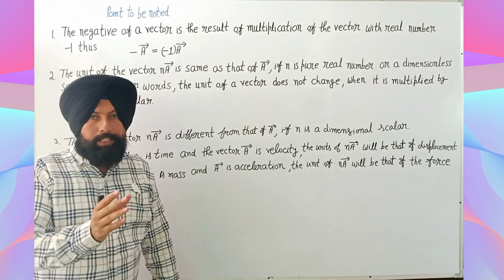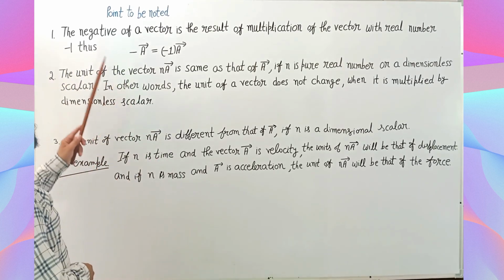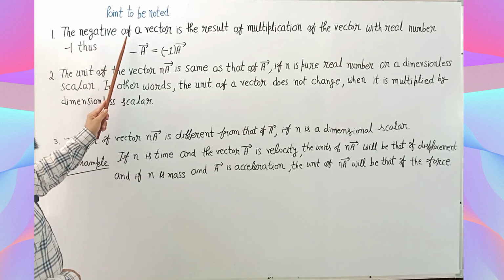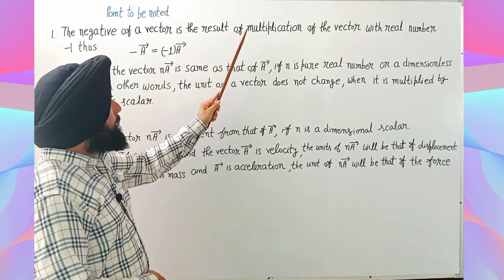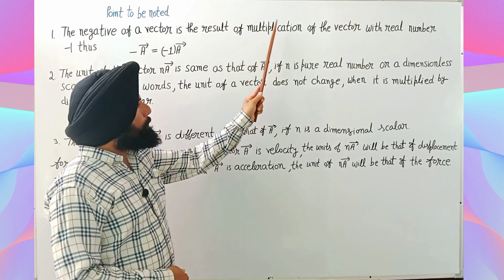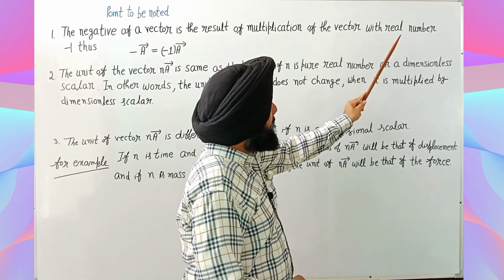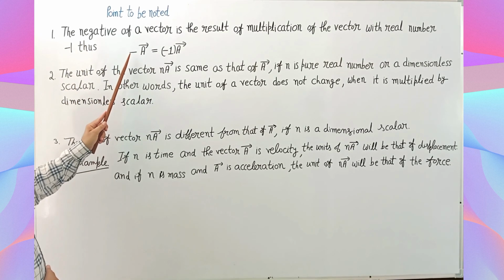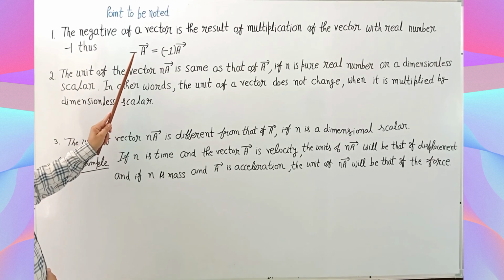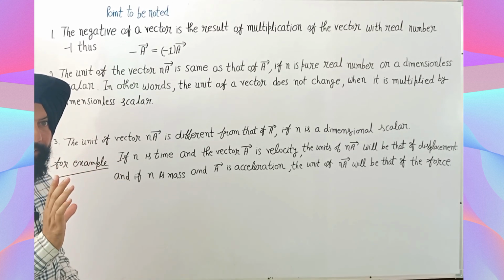Now students, some points to be noted. Number 1, the negative of a vector is the result of multiplication of the vector with the real number minus 1. Thus, minus A vector is the negative of a vector.